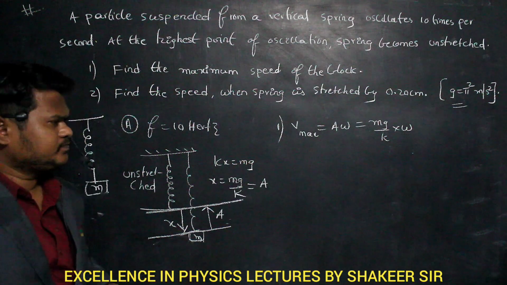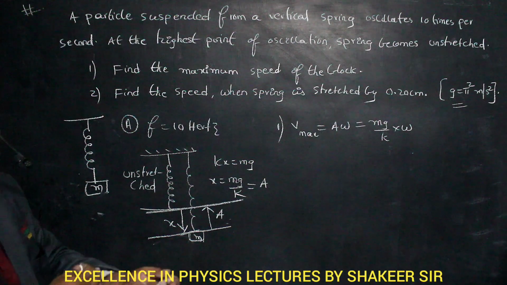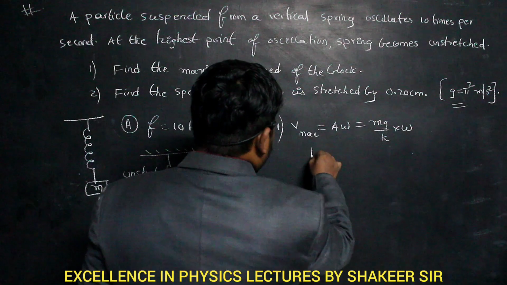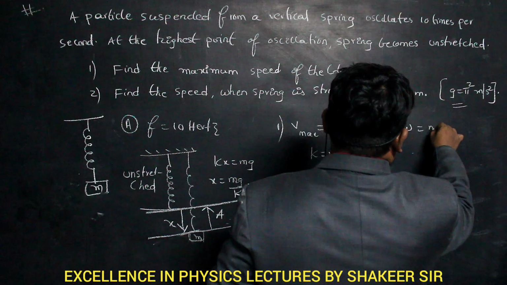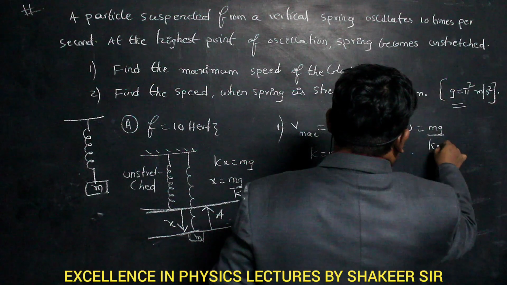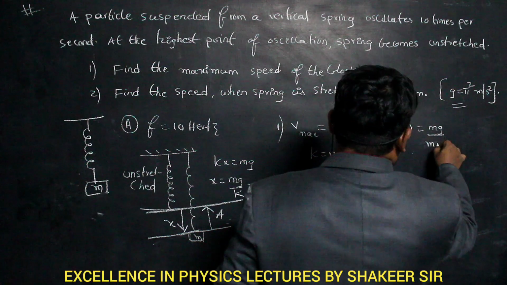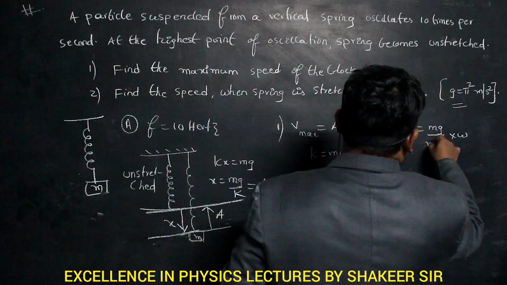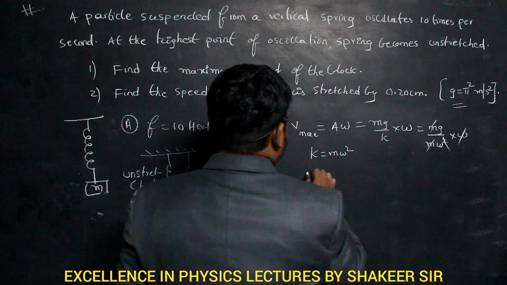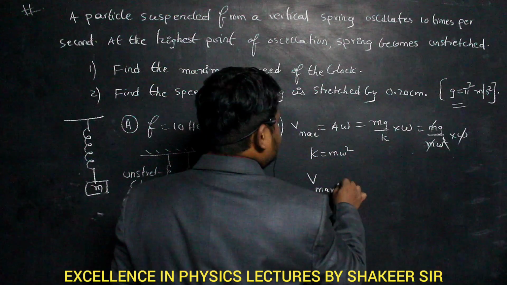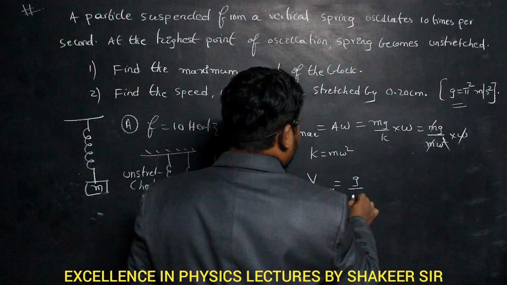What can I do? We have studied that k is equal to m omega square. Substitute that value there. So I can write mg divided by m omega square into omega. The m and m cancel, and omega square with omega gets reduced. So V max is equal to g divided by omega.